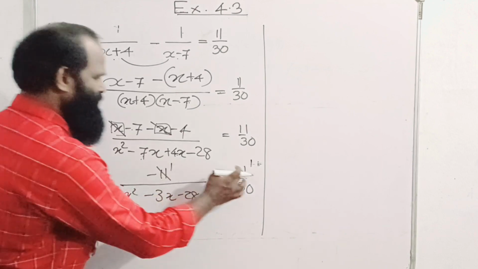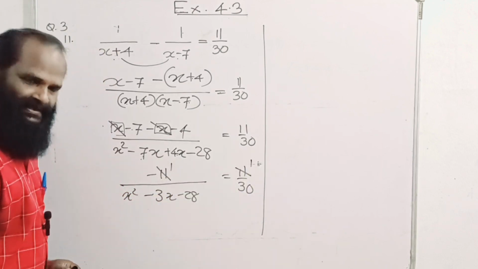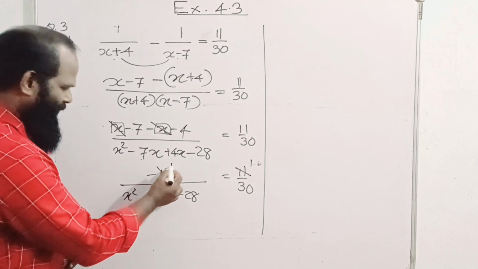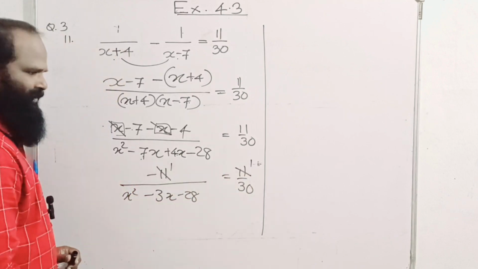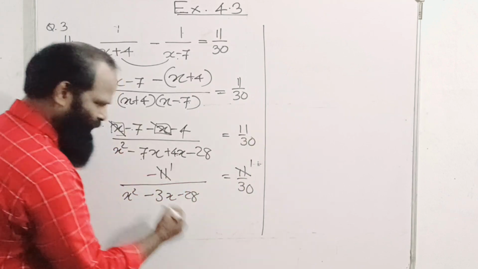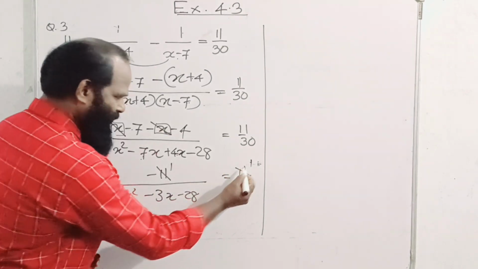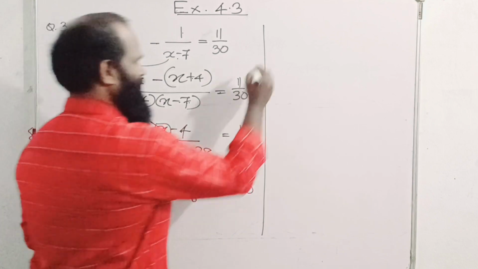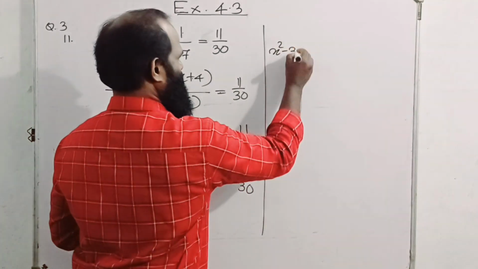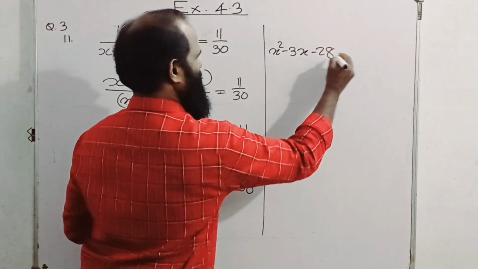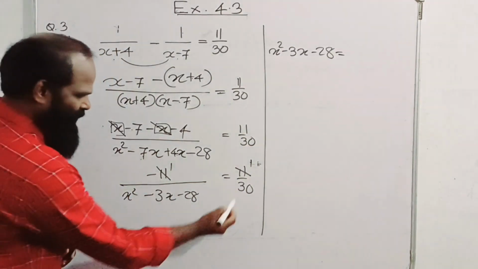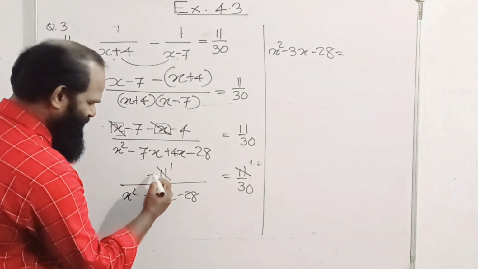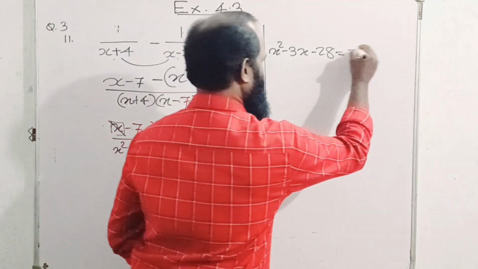They are the only terms over here. They can be cancelled. So we have negative 1 here and positive 1 over there. Again, we multiply them crosswise. 1 into all these terms, result is same. So we get x square minus 3x minus 28 is equal to 30 into negative 1 is negative 30.